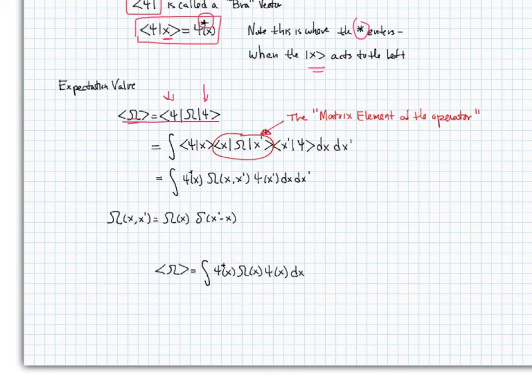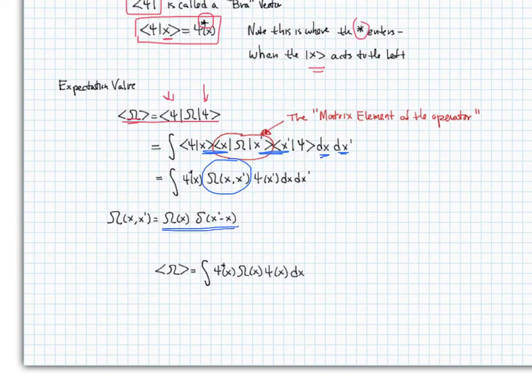So then we insert complete sets of states, here and here, and we integrate over both of them, a double integral. And once again, we get this operator thing. But that operator thing that goes as x and x prime really goes as this. It's the same as the other operators we had.